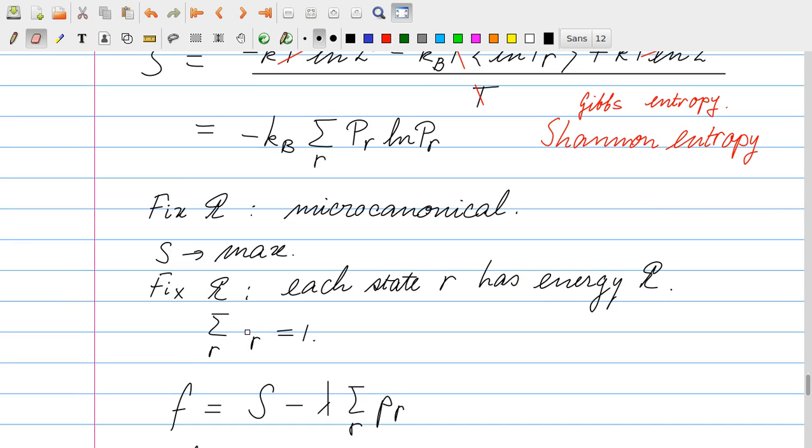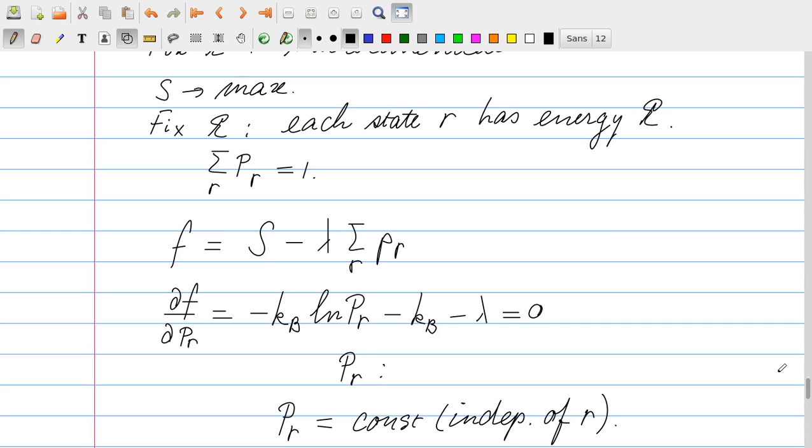So if we take the P_R's and we sum over them, they should add up to 1. That's the normalization condition. And so the method that we use to maximize S under a constraint is the method of Lagrange multipliers. And it works as follows. We do not maximize S, but rather we maximize the function f, which is S minus lambda times the constraint. And lambda is called a Lagrange parameter.